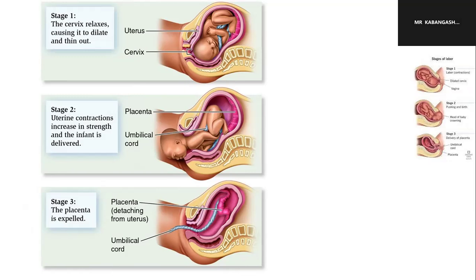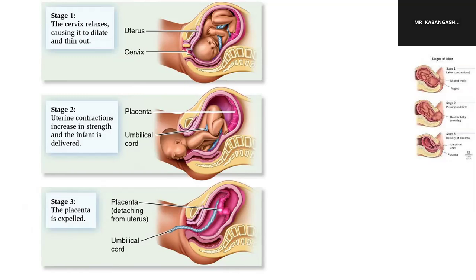You are monitoring the strength, the duration. So you're looking at that. How frequent are they? And how long are they taking for one contraction to elapse? So you monitor that using a partograph. You keep plotting 30 minutes hourly.